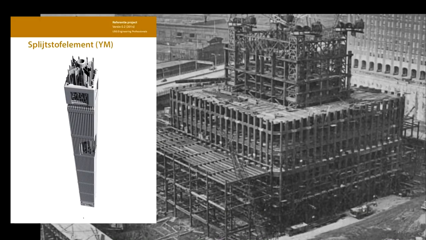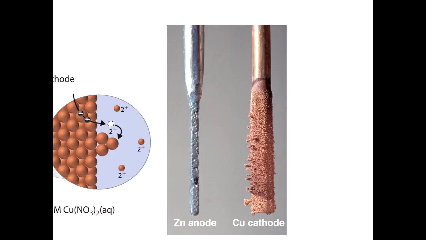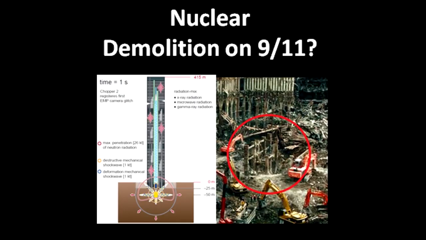Let's take a look at the inside. So the inside of the building might have been loaded with uranium. That explains why the building collapsed so easy. Why the building fell into dust. And the high levels of radiation.